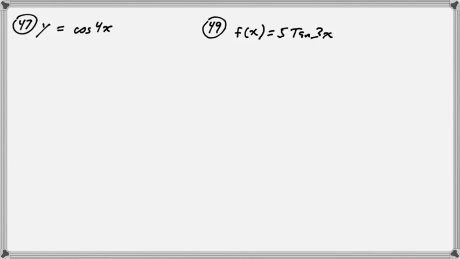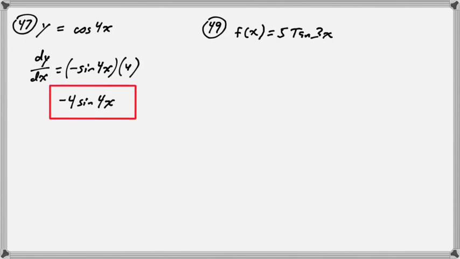After 27, I'm going to try 47. The derivative of cosine is negative sine of the same angle times the derivative of the angle. So here's the answer for 47. 49.